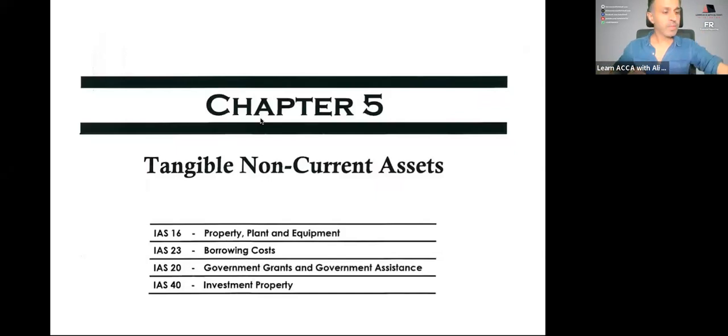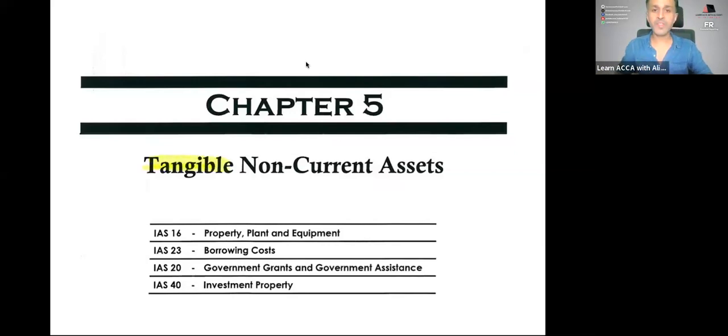All of the planning, the last week I had shared with all of you which chapter we will be starting and why. We're not getting into that debate, just straight away getting into chapter 5, intangible non-current assets.